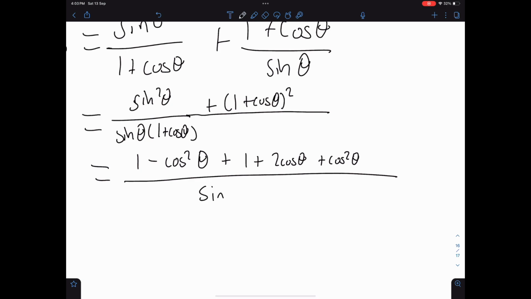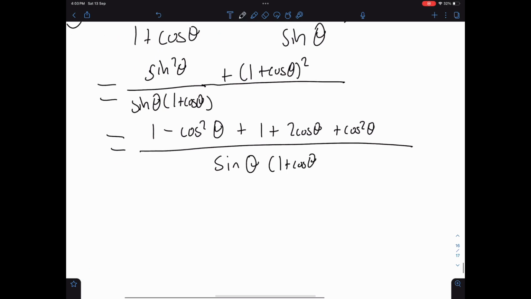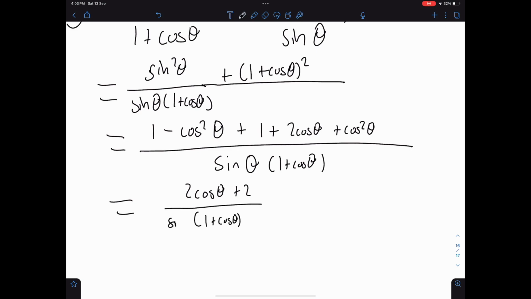And remember, I've used this identity of 1 minus sine squared theta will equal cosine squared theta. Those cos squared and those cos squareds will eliminate, leaving us with 2 cos theta plus 2 over 1 plus cos theta multiplied by sine theta.